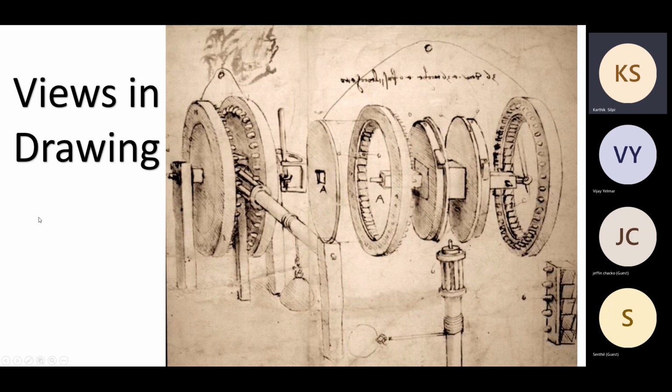If you can view this drawing, this is one of the oldest drawings, drawn by a painter called Leonardo da Vinci. He was trying to explain some form of archery or some equipment he designed.